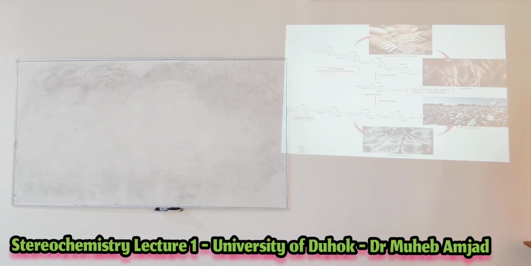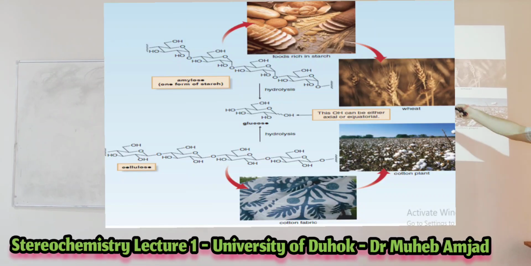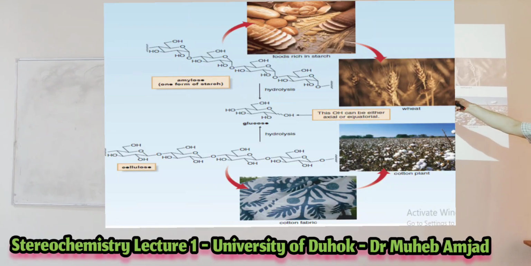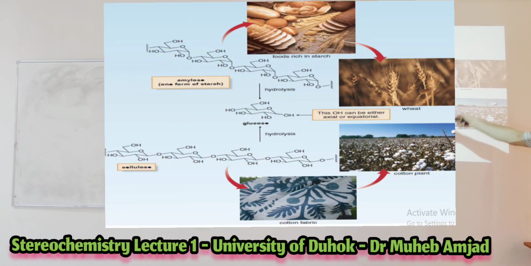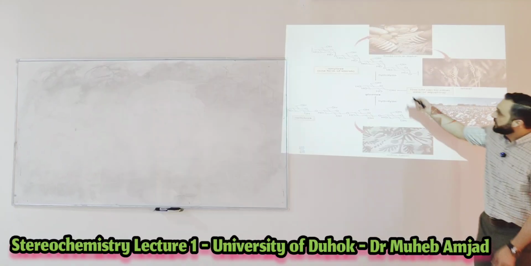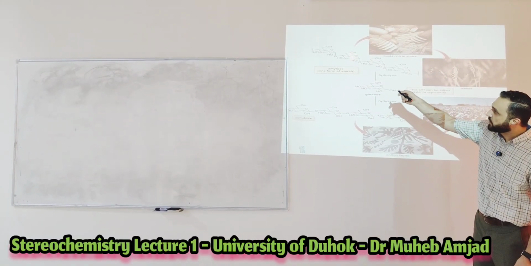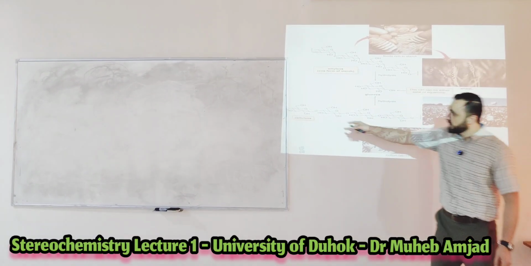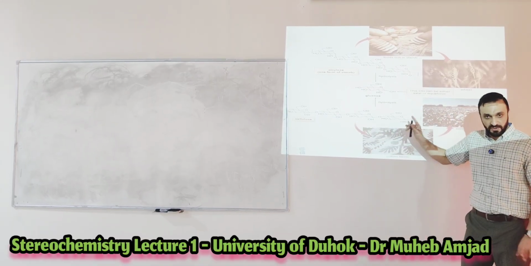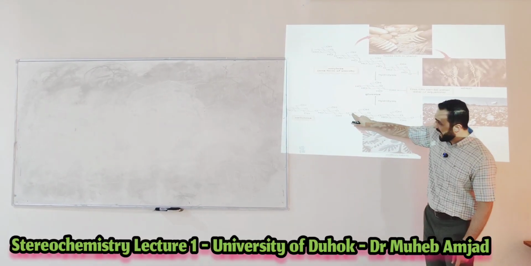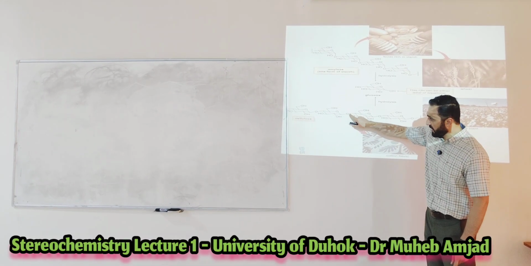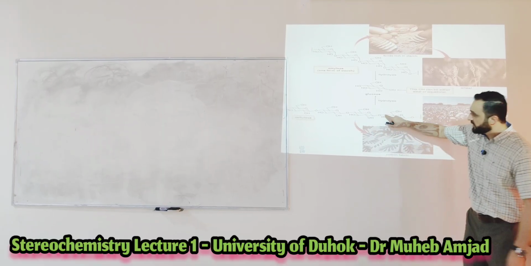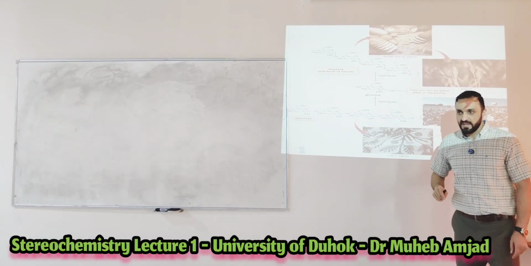So if you look at these two polymers, this is the starch and this is the cellulose. Both of them are polymers of glucose. This is glucose, and also here, glucose. They are bonded by oxygen and carbon, also here oxygen and carbon, by covalent bond.